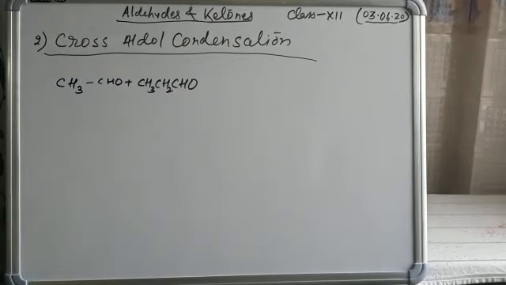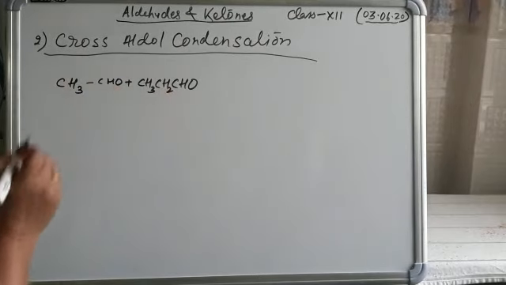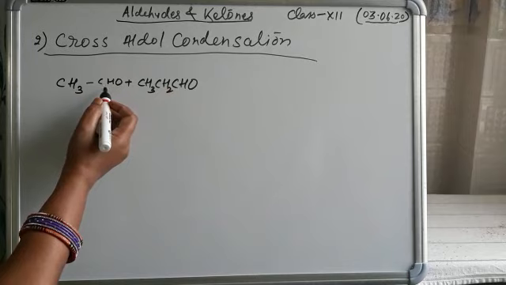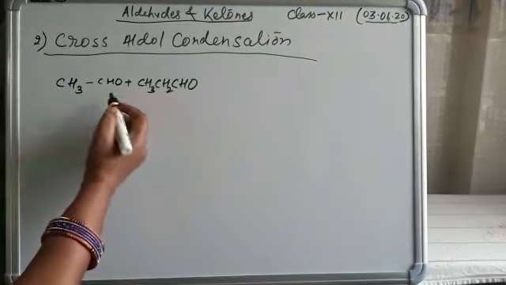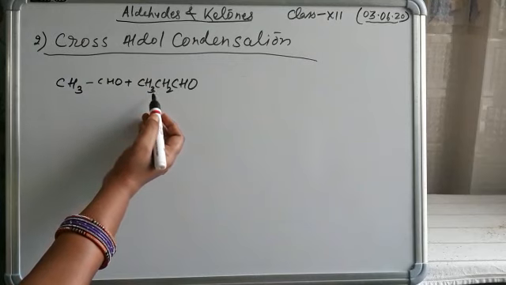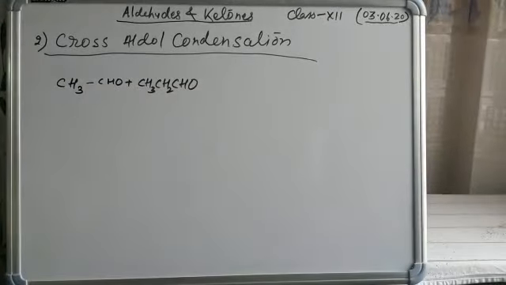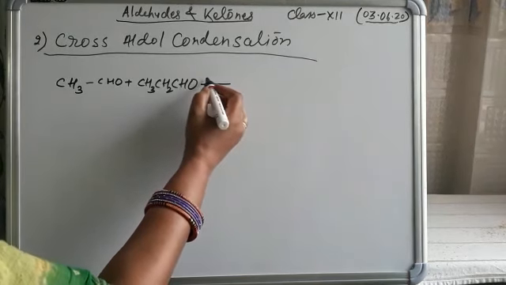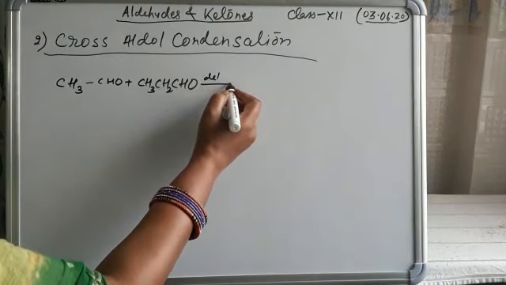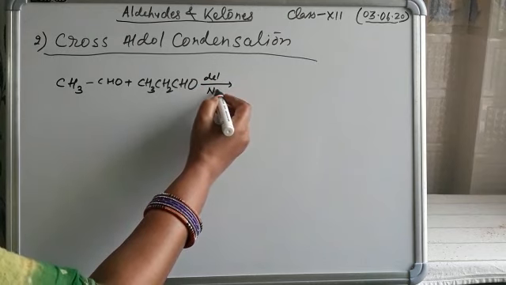See what happens if we take two different aldehydes. Here is ethanol and here is propanol, and both of them contain alpha hydrogen. What happens when these two different aldehydes undergo aldol condensation in the presence of dilute sodium hydroxide?